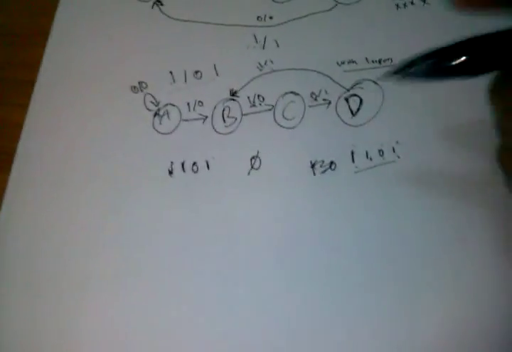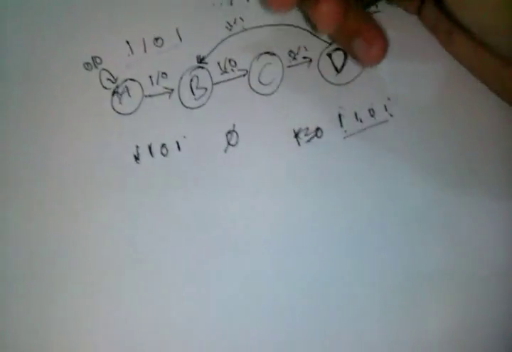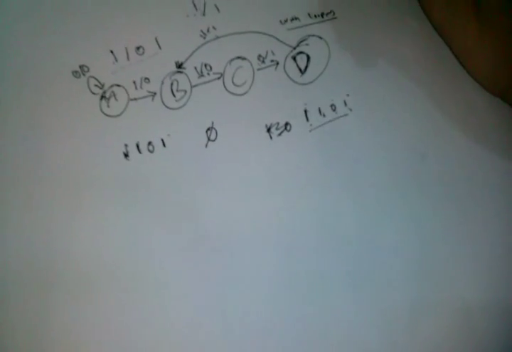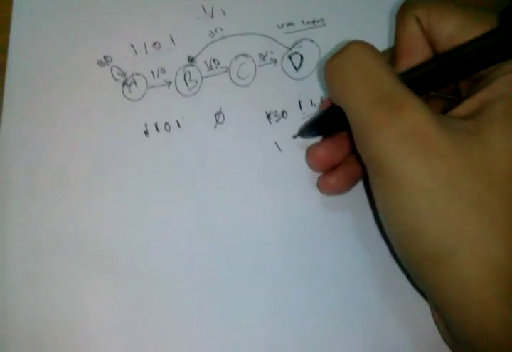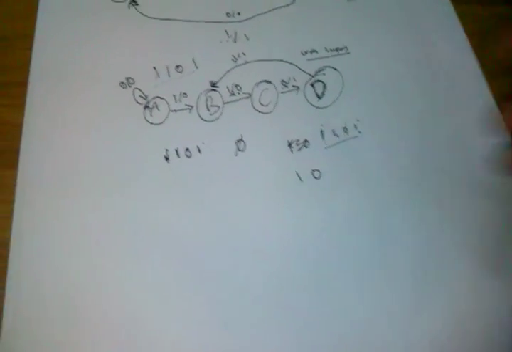So that's it. Okay, and if B gets 0, the sequence will be like this, I guess, 1 0.